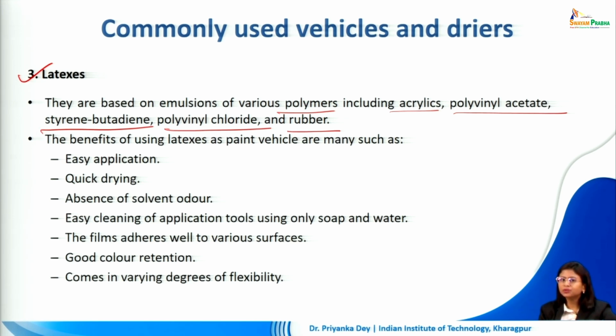It's very easy to clean after applying, so the application tools can just be cleaned using simply soap and water. The film adheres well to various surfaces. It has a very good color retention property as well, and it comes in varying degrees of flexibility. So it makes it applicable to various types of surfaces and situations.